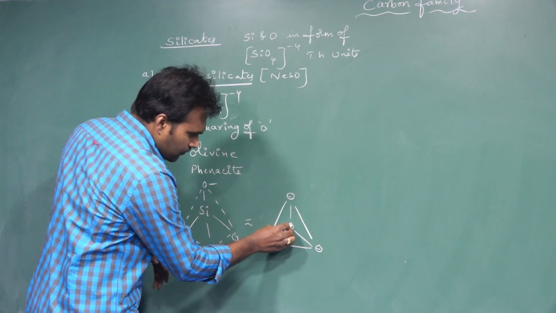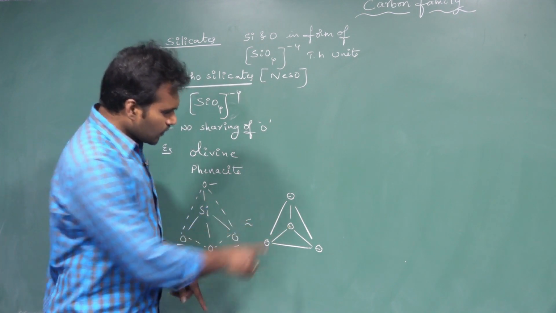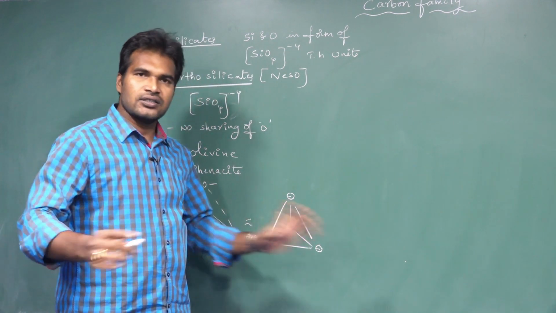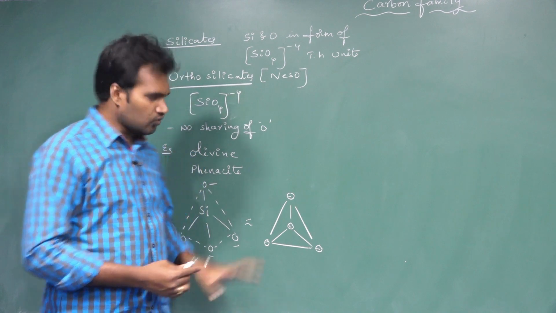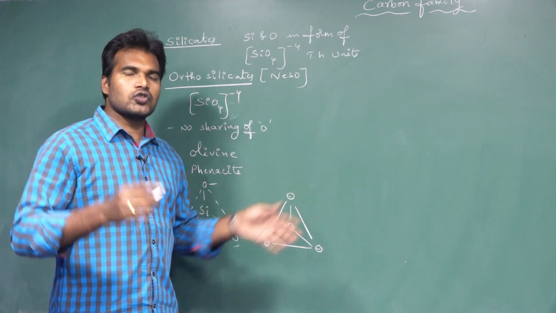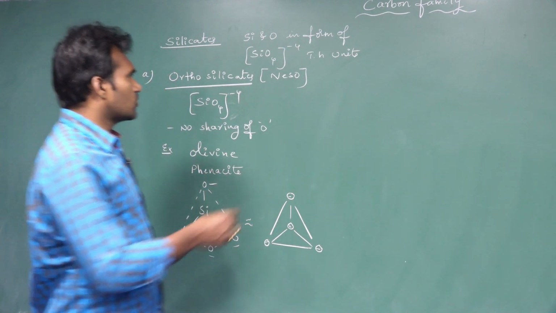Here at the center silicon is there, with one oxygen towards the viewer and 3 oxygens at the 3 vertices of the triangle. This is another representation. We commonly use this representation to show large silicates. So this is the first one, that is orthosilicate.